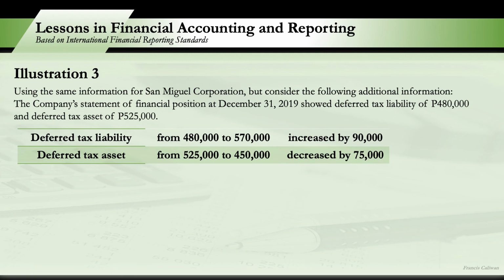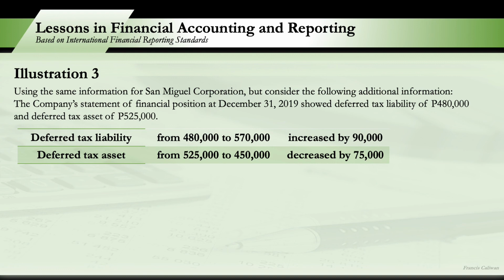Now, assuming we change the information so that the deferred tax liability and deferred tax asset have beginning balances. What will be the effects on our answer? Using the same information for San Miguel Corporation, but consider the following additional information.